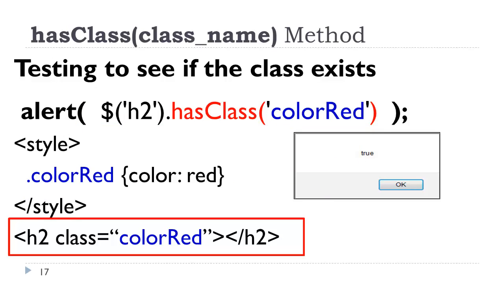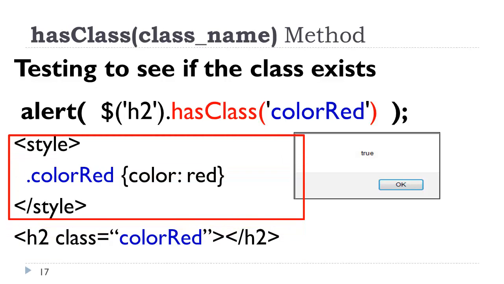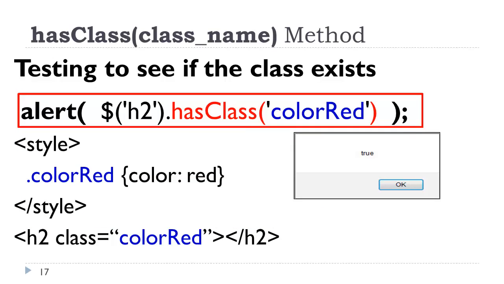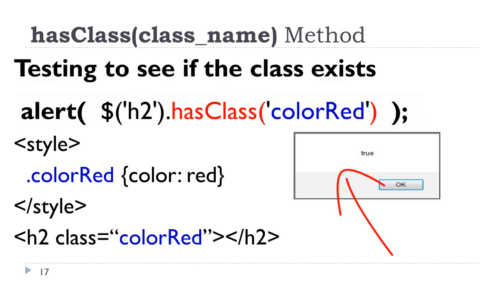In our H2, we have a class coded in, class equals color red, and in our embedded style sheet, that class is defined. Now we have this alert. Our selector h2 .hasClass color red, that expression is going to return true or false. If we put this expression inside an alert and run it, indeed it will return true, because yes, it does have that class.